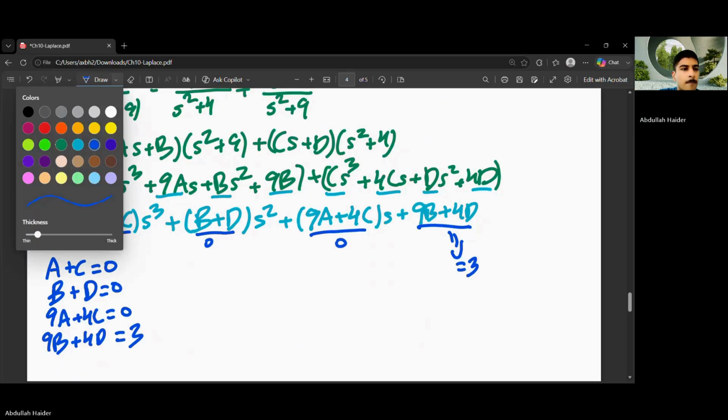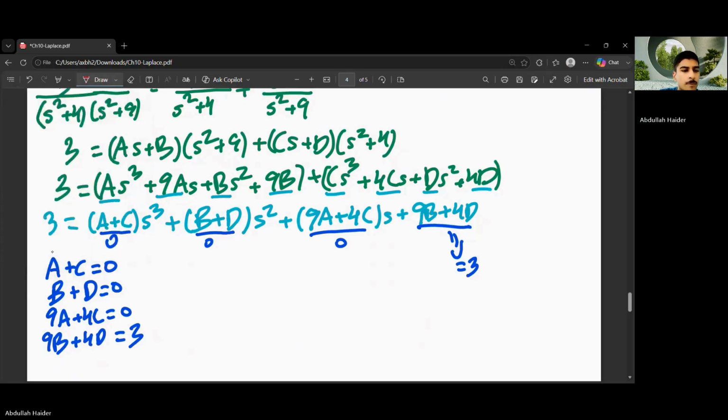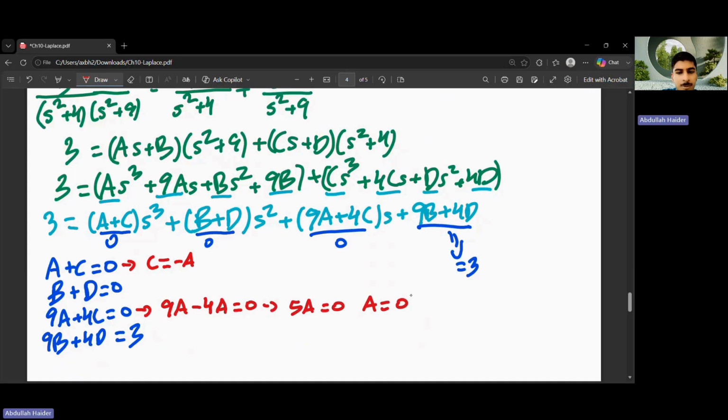From this we can get c equals negative a, and here 9a minus 4a equals 0, so 5a equals 0, which means a equals 0. This is the first thing you get.